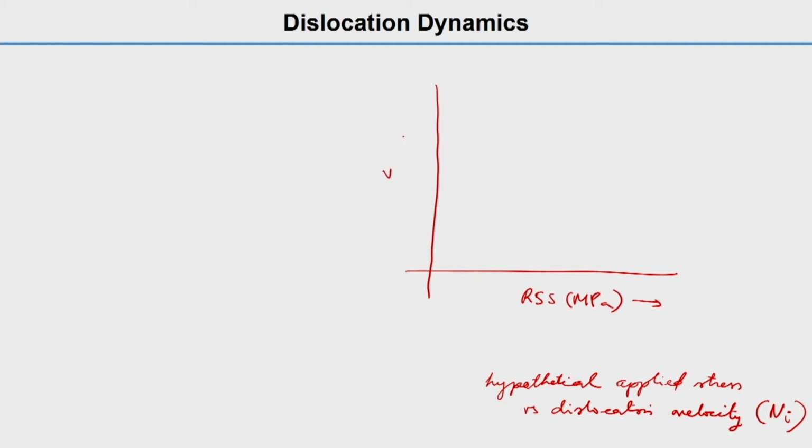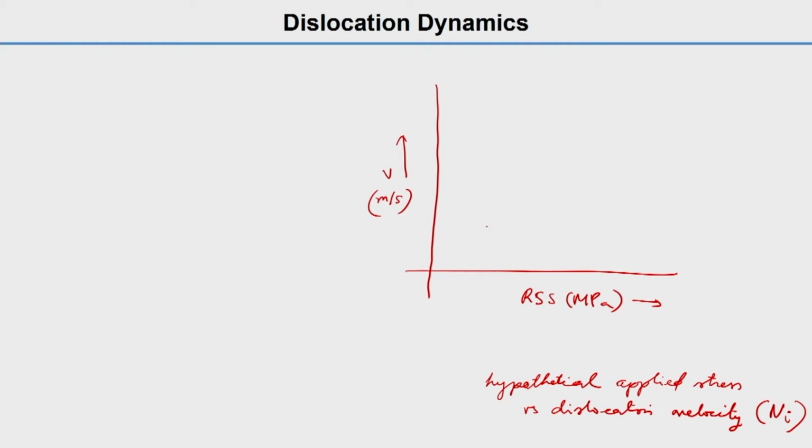They have drawn it for nickel. This is the resolved shear stress in megapascal, and this is the dislocation velocity in meter per second.